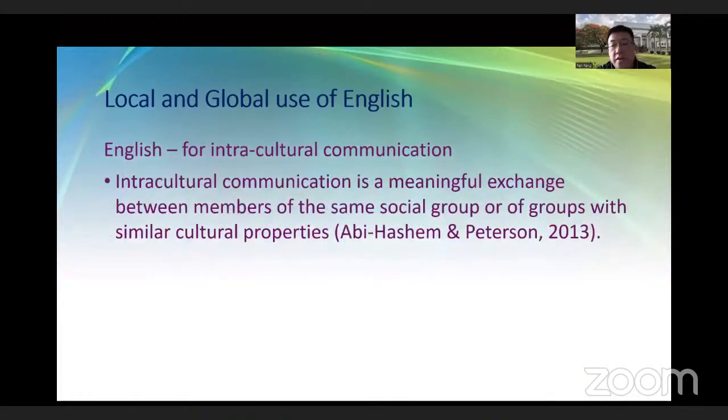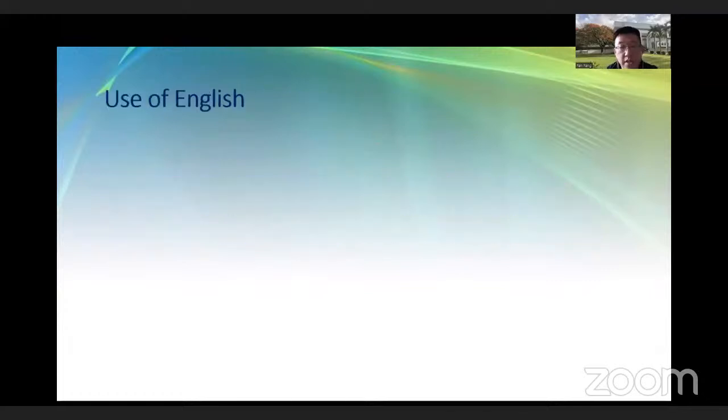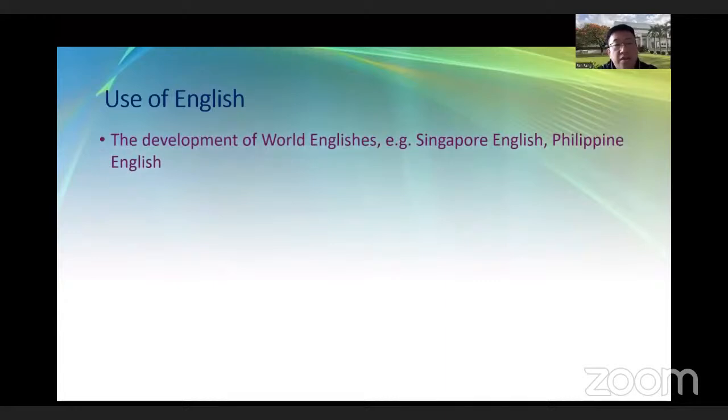We also need to recognize that intra-cultural communication is a meaningful exchange between members of the same social group or of groups with similar cultural priorities. So the use of English is not only in international, intercultural communication, but also within the context as a property for intra-cultural communication.